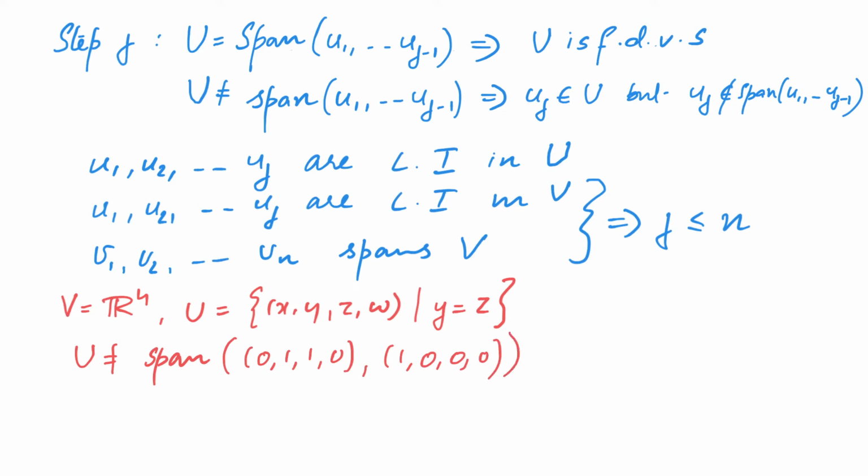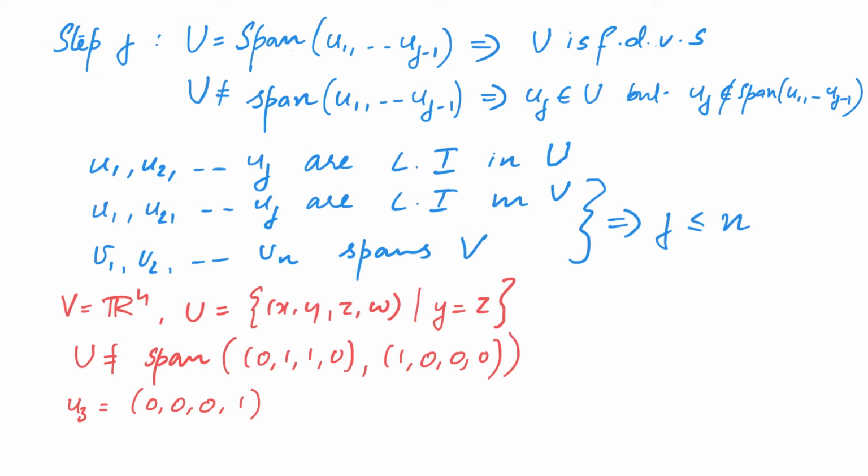Therefore, we should find a vector that belongs to U but does not belong to the span of these two vectors. Such a vector u3 would be equal to the vector (0, 0, 0, 1).